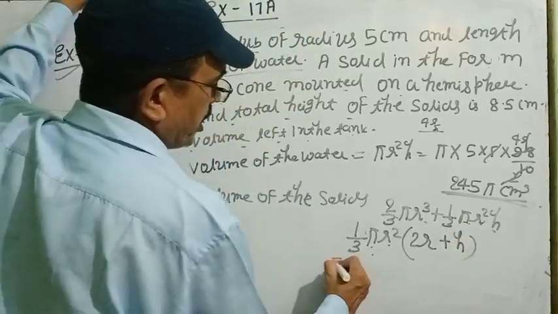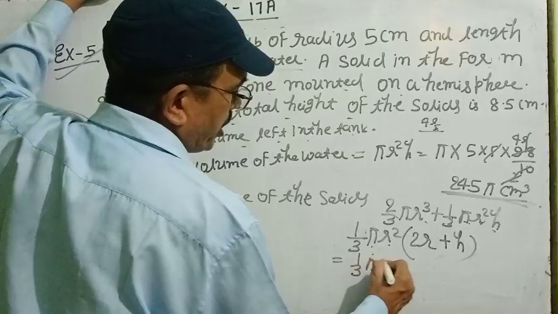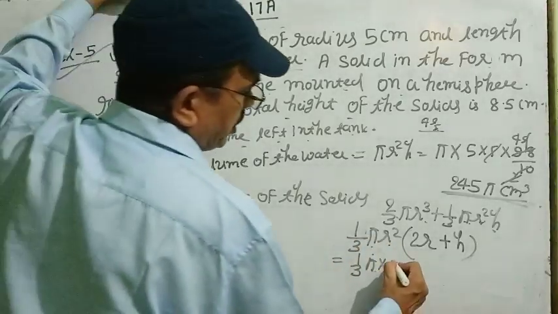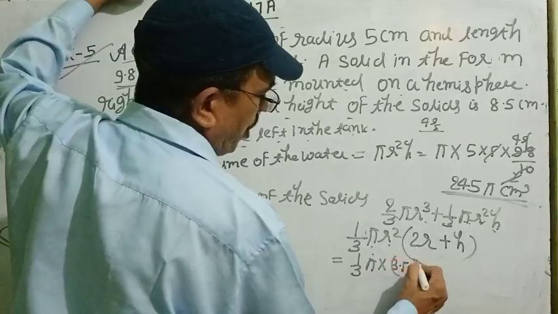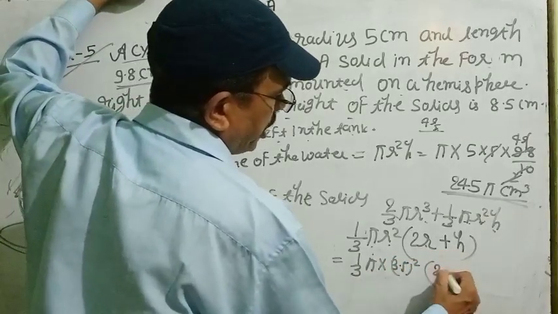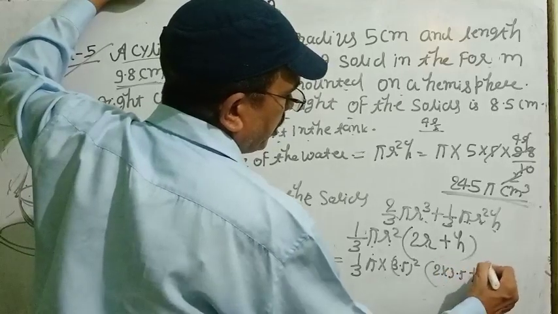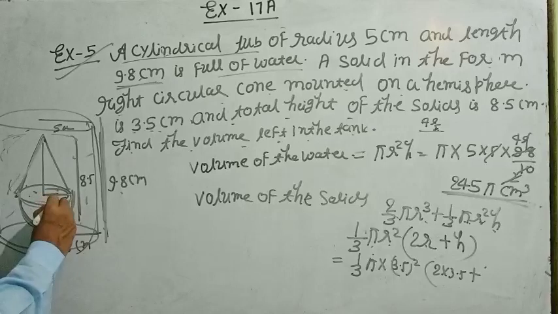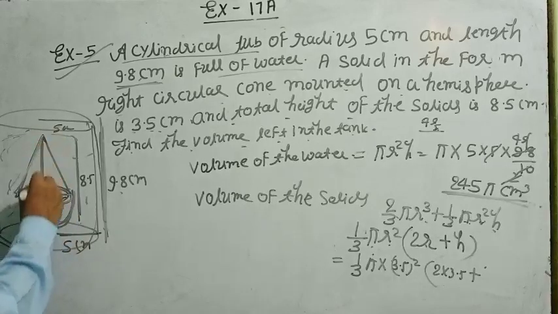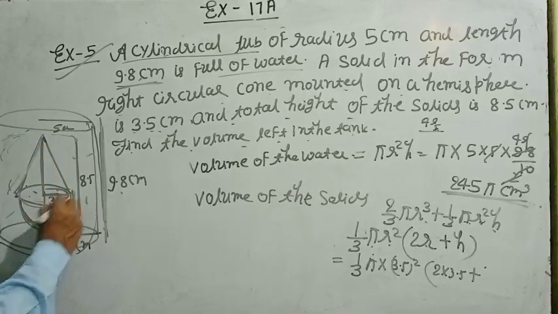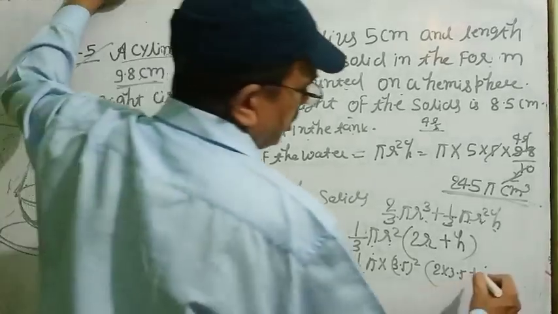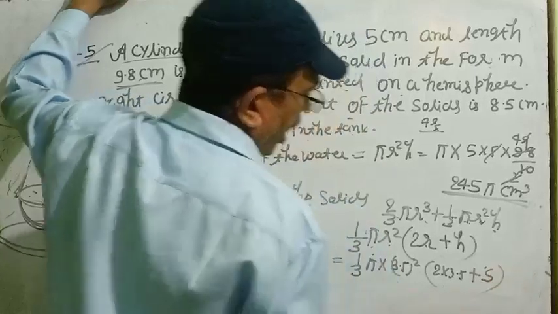So that is 1 by 3 pi. The radius is given as 3.5, so 3.5 square, and 2r is 2 into 3.5, plus h. What is h? The total is 8.5 and the radius is 3.5, so the remainder is 5. So the radius is 3.5 and the height is 5.